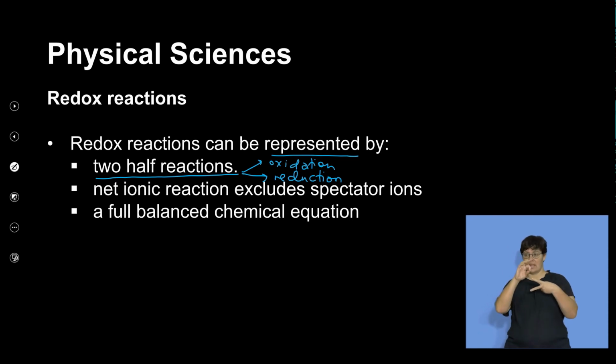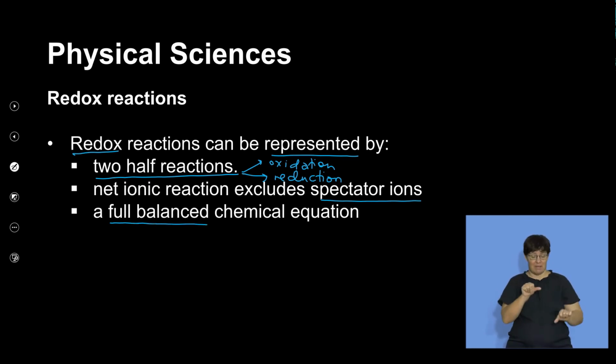And then the net ionic equation excludes the spectators. But what are spectators? These are species or substances that are not involved in the transfer of electrons or in the redox reaction for that matter. And then a full balanced chemical equation is a combination of the two half reactions. That's as far as representing these redox reactions.